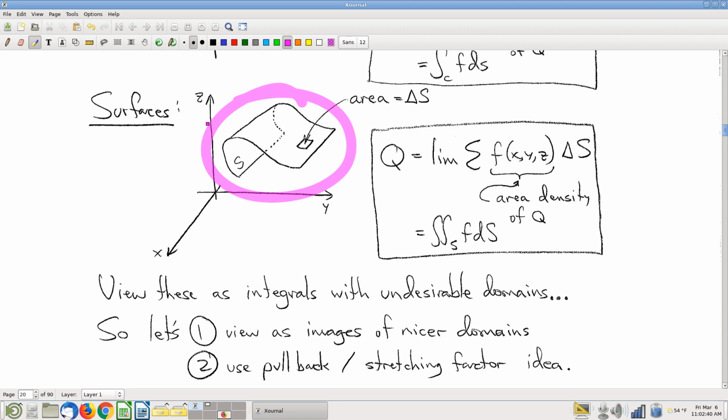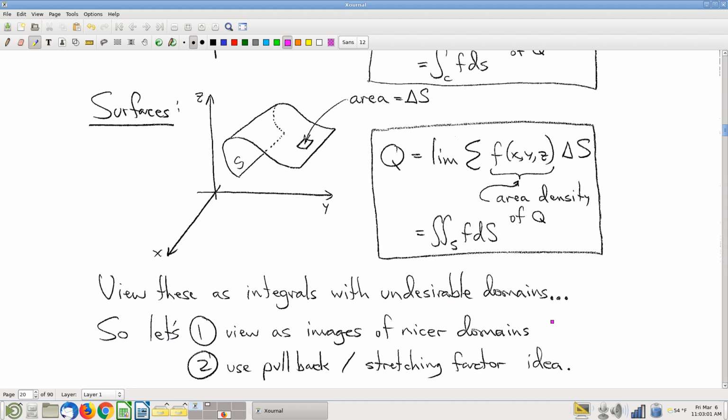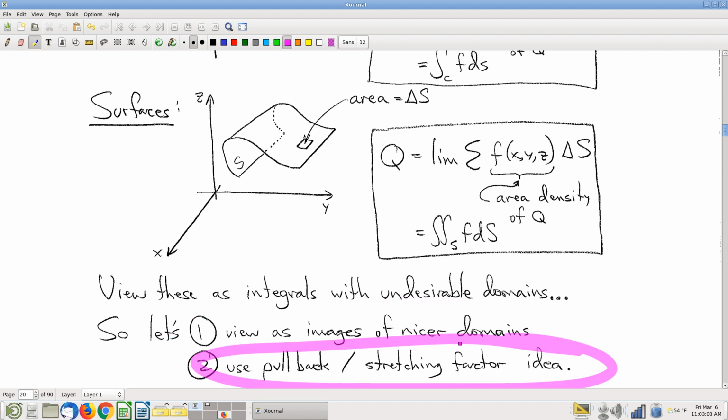View it as being an image. If you can make your undesirable domain an image of something, then you can pull back, keep track of your stretching factor, and off you go. Right? Okay, so that's what we're going to do. We're going to view this as being an image of a nicer domain, details to come on the next page, and then pull back in stretching factor.